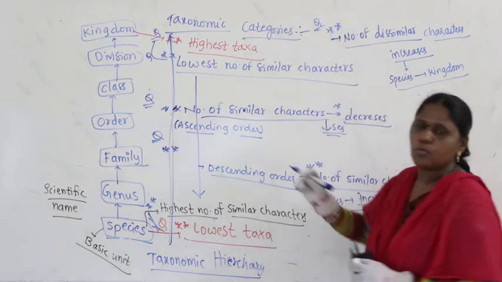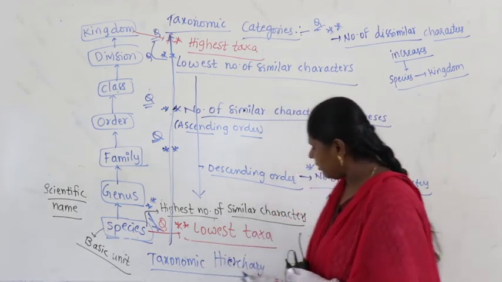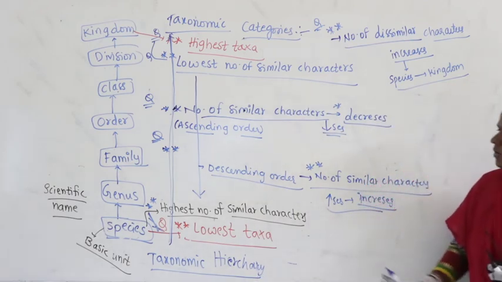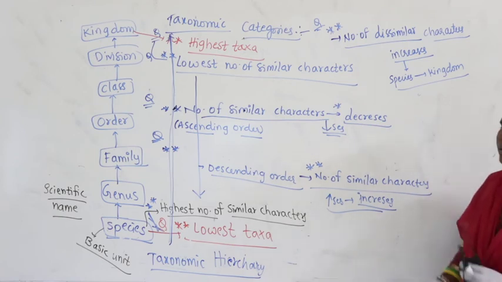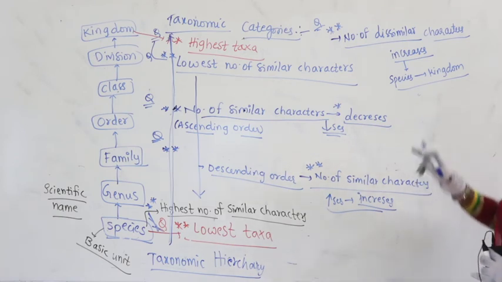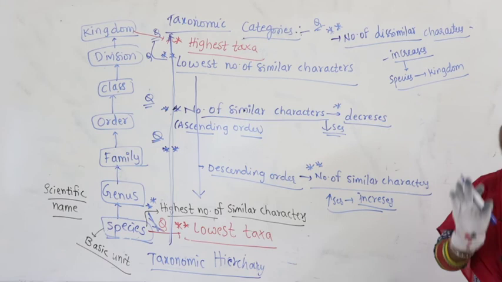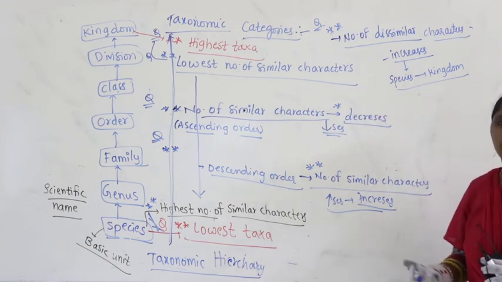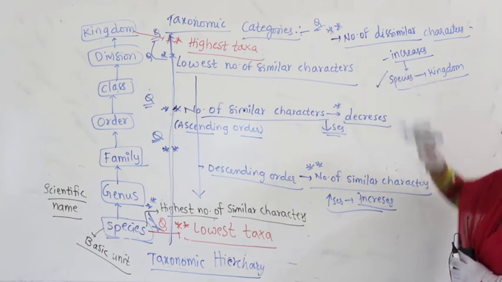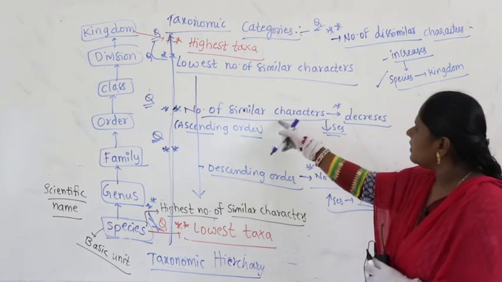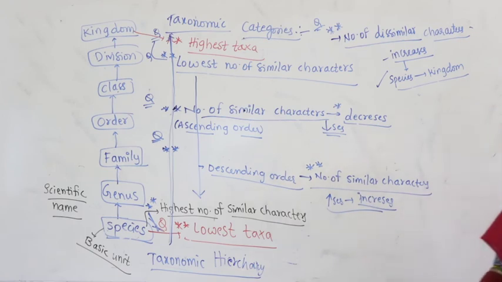I am just letting you know the different possibilities of questions on the taxonomic hierarchy or taxonomic categories. Sometimes, to confuse you, the question will be: number of dissimilar characters increases as we move from, that is the question, then from where to where? You have to take ascending order. The answer is species to kingdom. That means the number of similar characters decreases, so the number of dissimilar characters increases automatically.